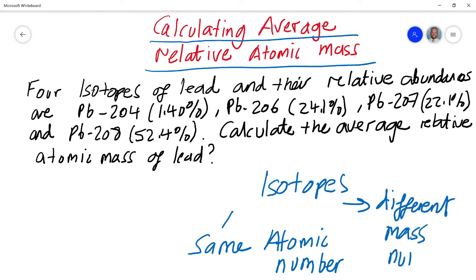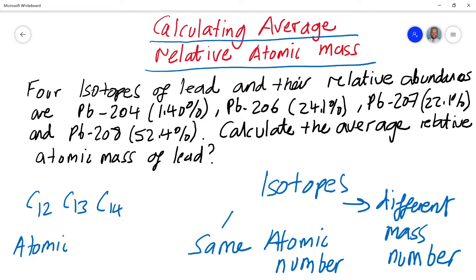If you look at examples of isotopes, for instance, carbon 12, carbon 13, and carbon 14, they have the same atomic number, which is 6, and my mass number will change. In the first one it's 12, the other one's 13, and the other one is 14. So it's very important to understand the fundamentals when you're calculating relative atomic masses from isotopes. Isotopes will have the same atomic number but different mass number.